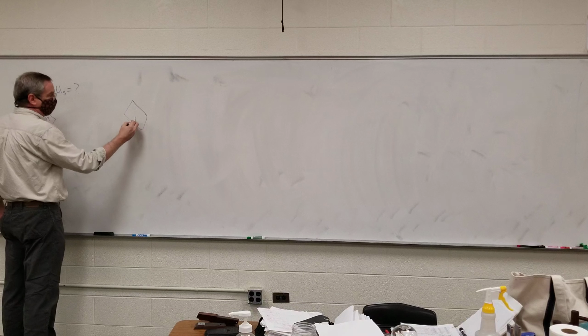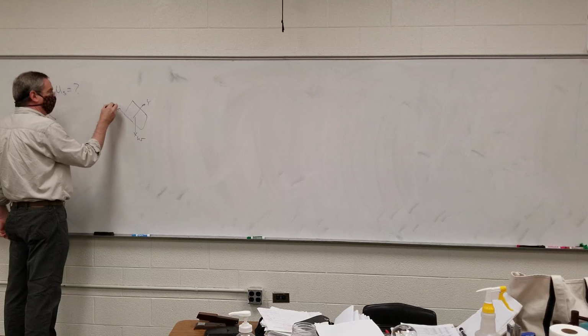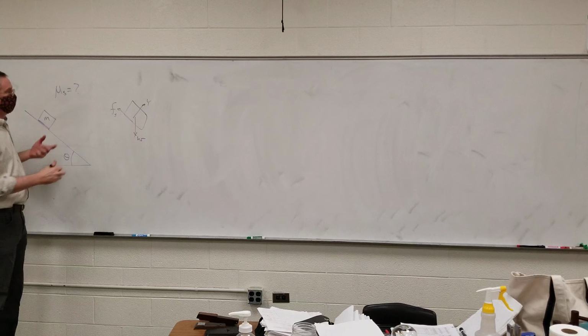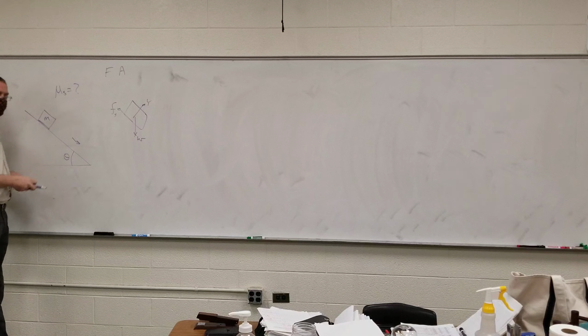All right, so we have weight acting down, normal force acting this way, and static friction acting this way. So there's the force diagram. If it accelerates, it will accelerate down the ramp. In reality, we don't want it accelerating, and that's something I'll talk about in just a moment.